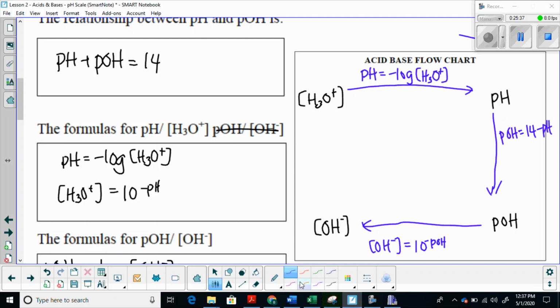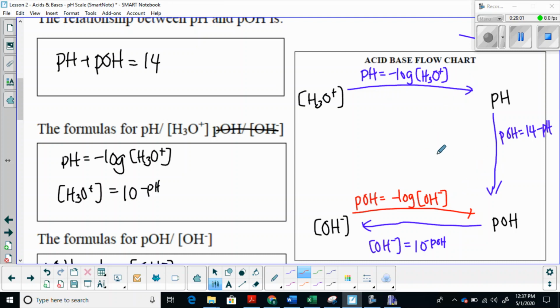If you're going the other way, let's use a different color here. To go from hydroxide to POH, POH is equal to negative log of your hydroxide concentration. So sometimes you will get hydroxide concentration and need to work your way all the way to hydronium.